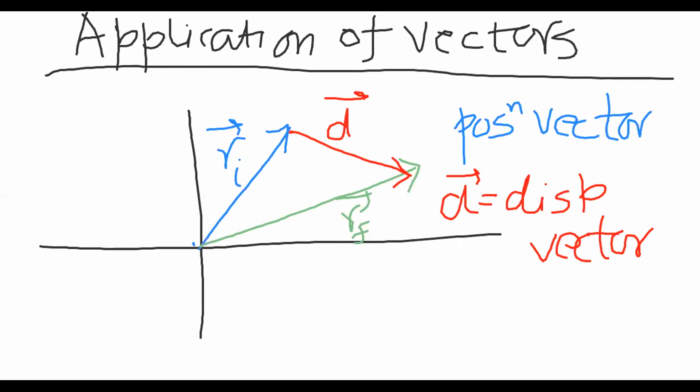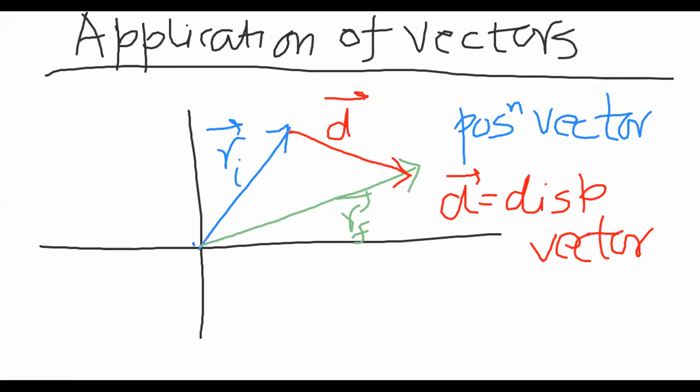The initial position and the final position are basically the positions of the particle at two arbitrary moments in time which you have designated initial and final, right?